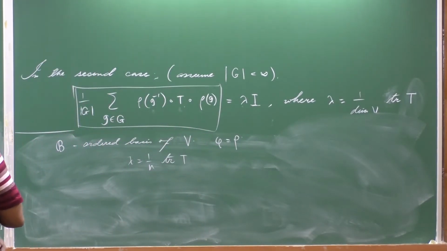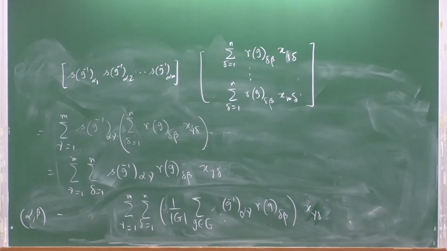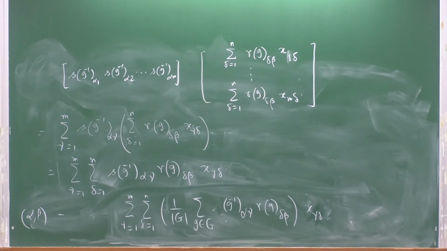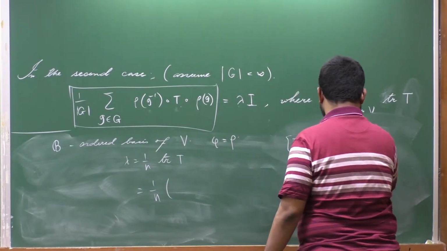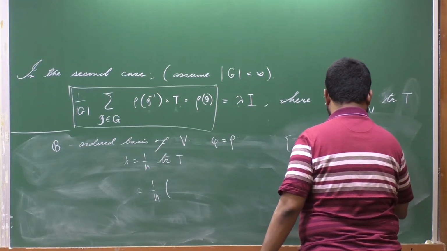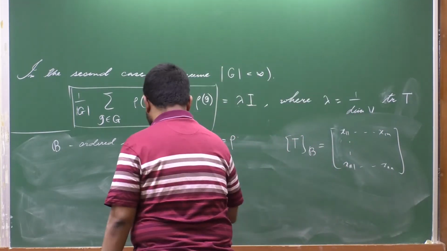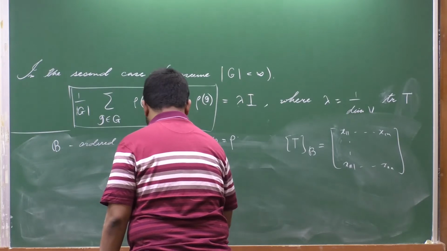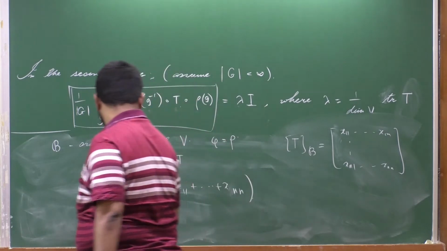So what is trace t? Recall that T is this matrix, so trace T is simply the sum of the diagonal elements. So if you wish we can say this will be x11 up to xnn.